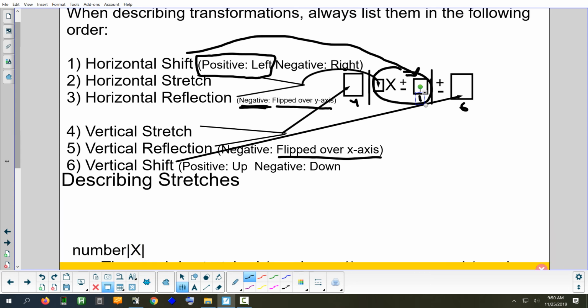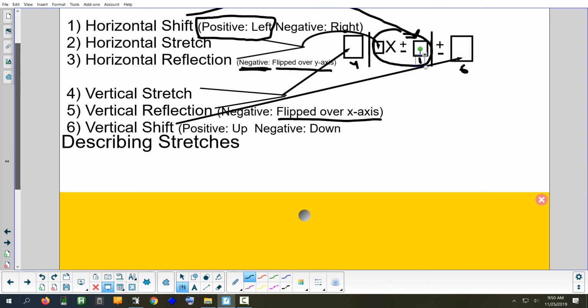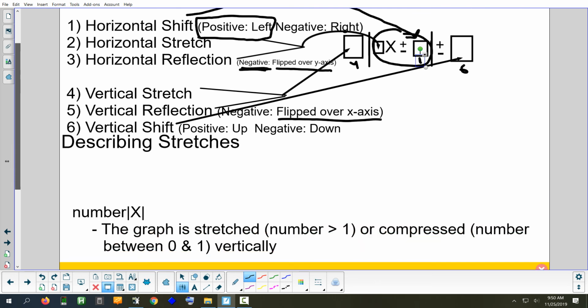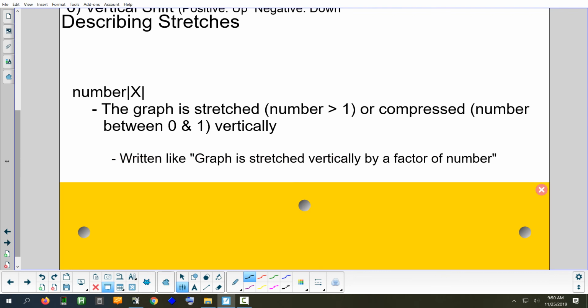Let's start with vertical stretch. Okay, what box is, or what number is the vertical stretch? Yep, that's a number in box 4. So this is how you describe a vertical stretch. This is the most important part right here.